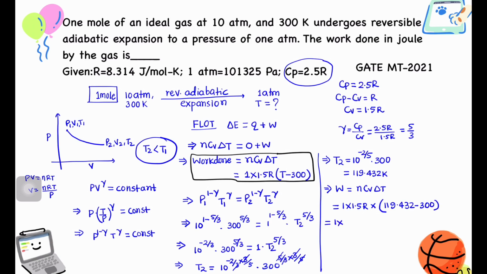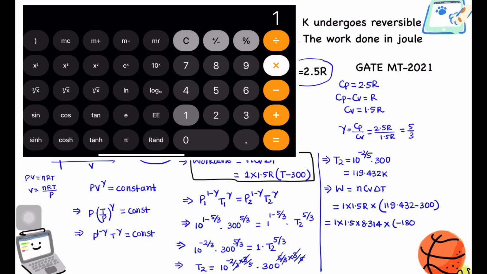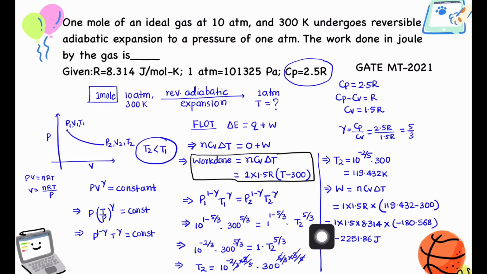If you put all these values, R value is 8.314 joule per Kelvin per mole, into, if you do this one, you will be getting approximately minus 180.568. And now we have to multiply these together. Final answer will be minus 2251.86 joule. So this is the work done by the system.